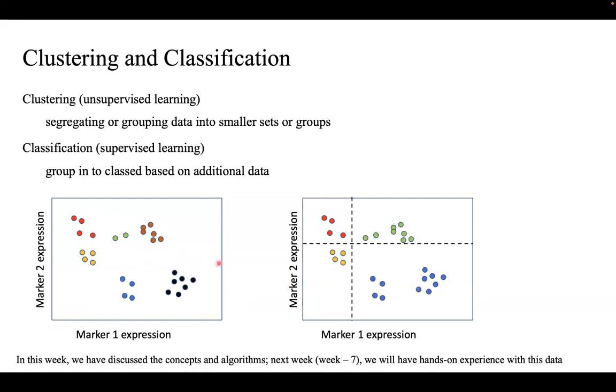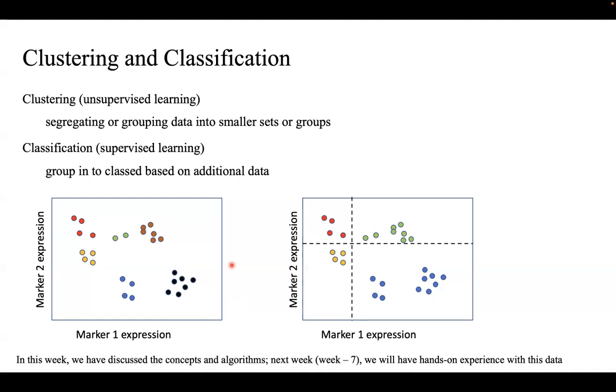If you see the two images, ignore the colors, ignore the dotted lines, they are the exact same points. Now you would like to make some inference about the cells themselves. For example, there's a tissue section, let's say it's the liver. Liver has a lot of cell types.